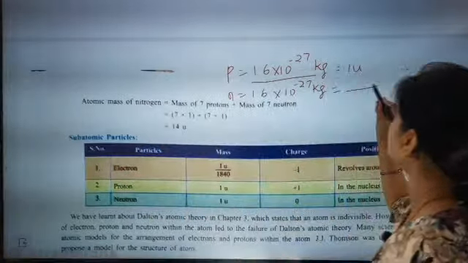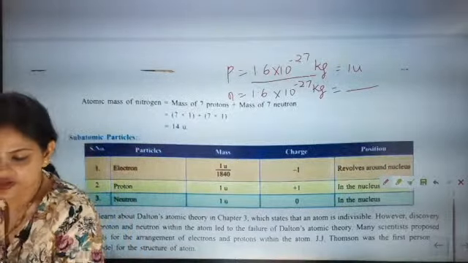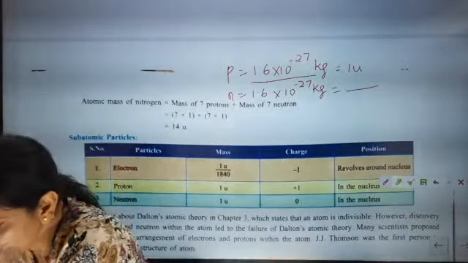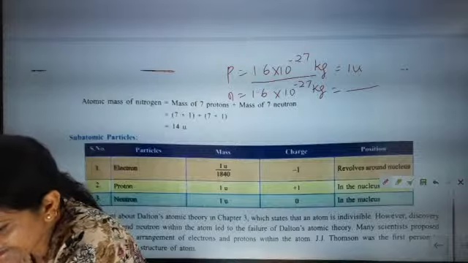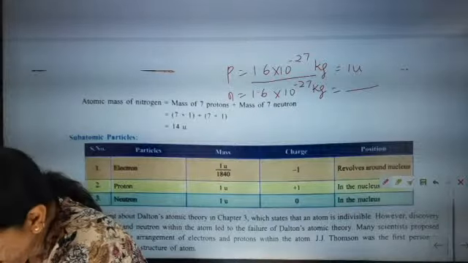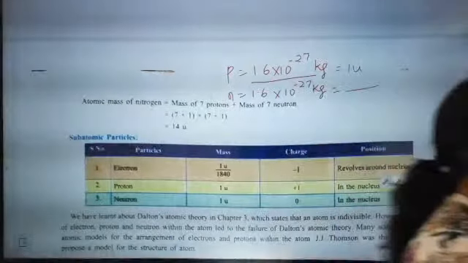Let's see who will type first and send. How much unit mass will neutron become?